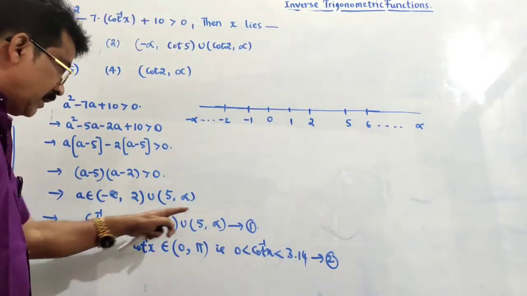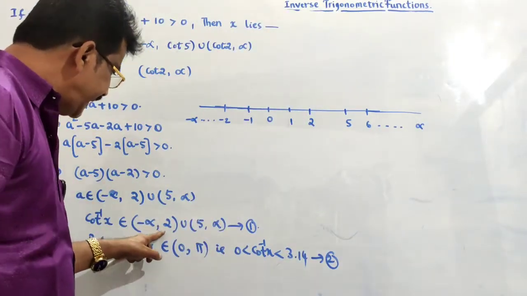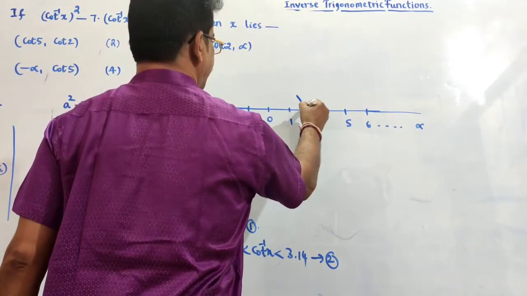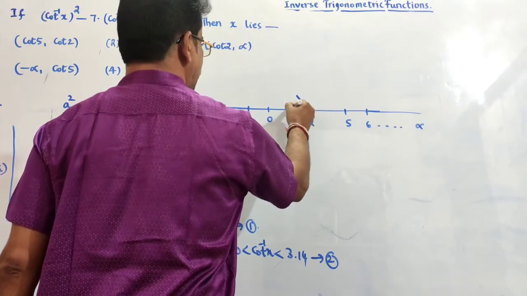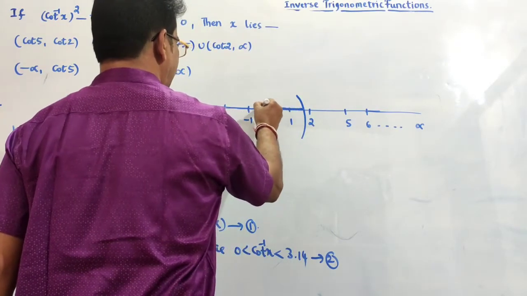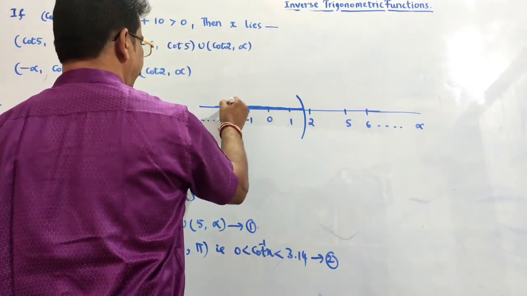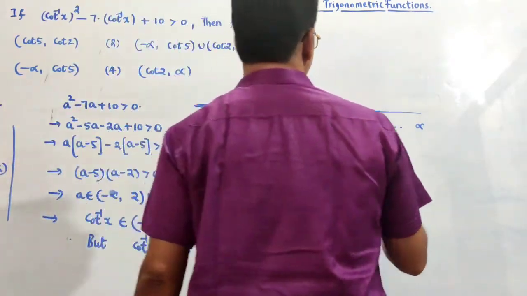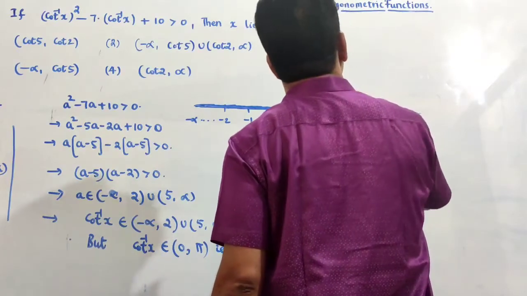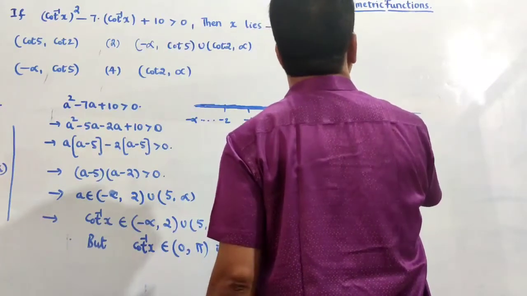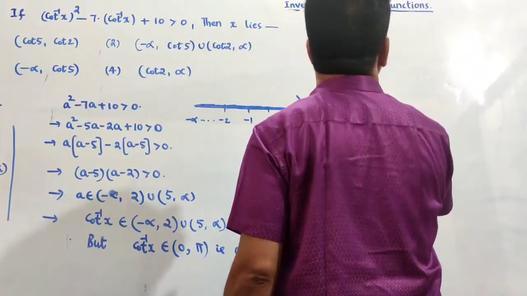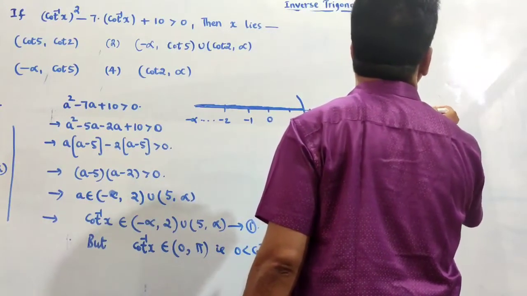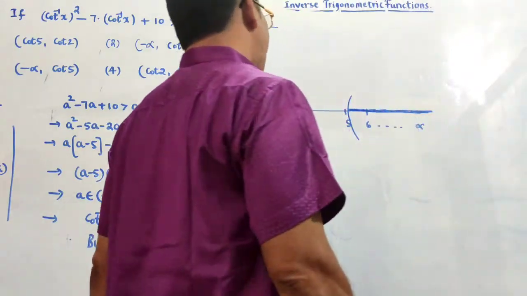First, statement 1: minus infinity to 2, open interval of 2. Minus infinity to 2 means this blue area, up to minus infinity. Next, 5 to plus infinity, open interval of 5. That's why we are not taking 5.